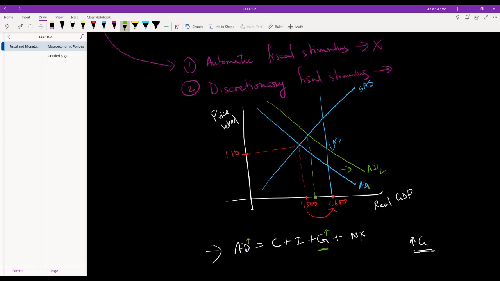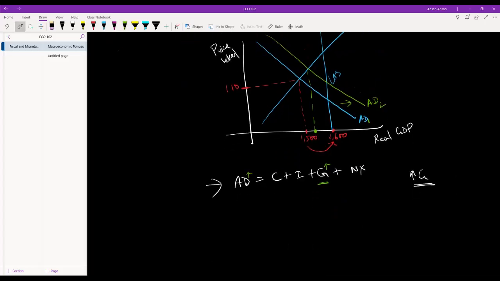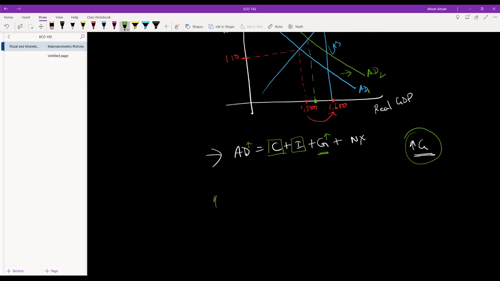But we also have to take a look at two things, okay? If G is going up, what will its effect be on C and on I? If G is going up, how will government just randomly increase G?